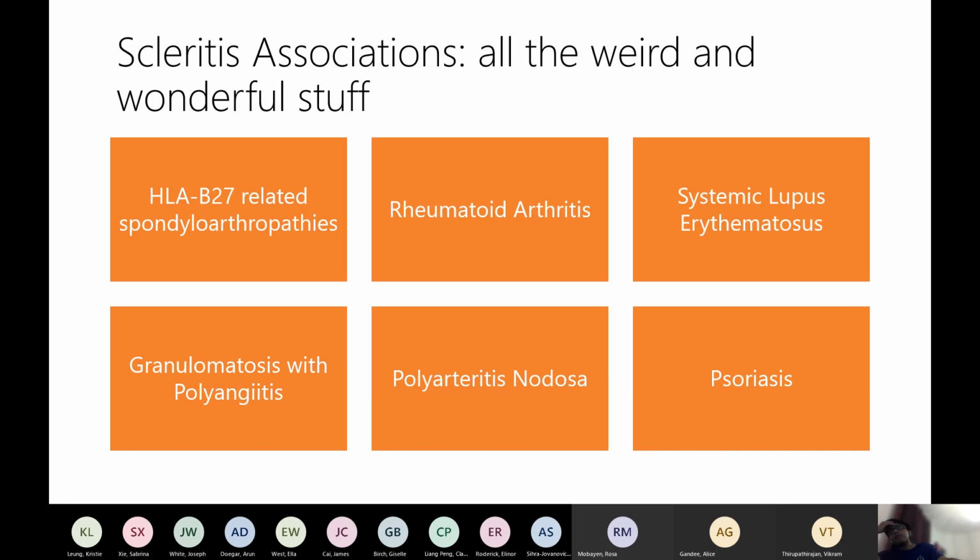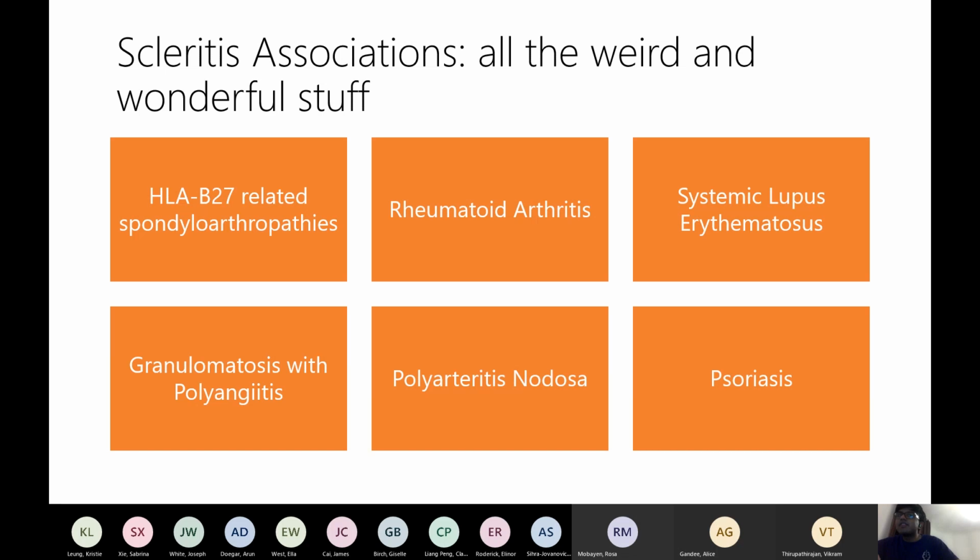So, what is a common association with scleritis? There's two really big ones, and then there's less common ones. So rheumatoid arthritis is probably the biggest single association of scleritis, and then HLA-B27 can still cause it, but less commonly.